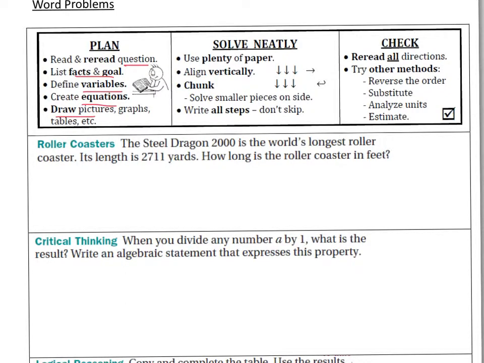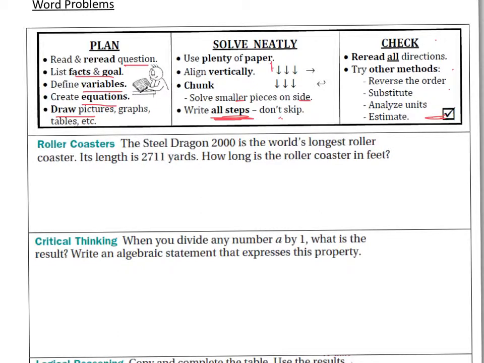Of course, solve neatly. I would usually solve vertically and solve smaller pieces on the side and write all steps. Don't skip. And then I would check, reread all directions, or try other methods. Reverse the order, substitute, analyze units, or estimate.